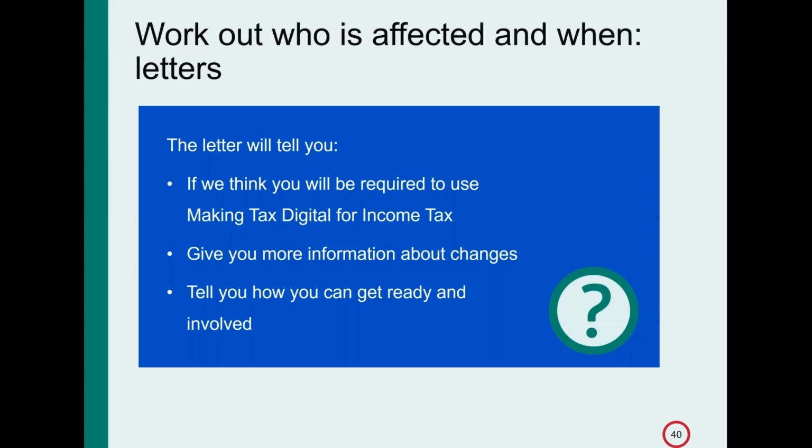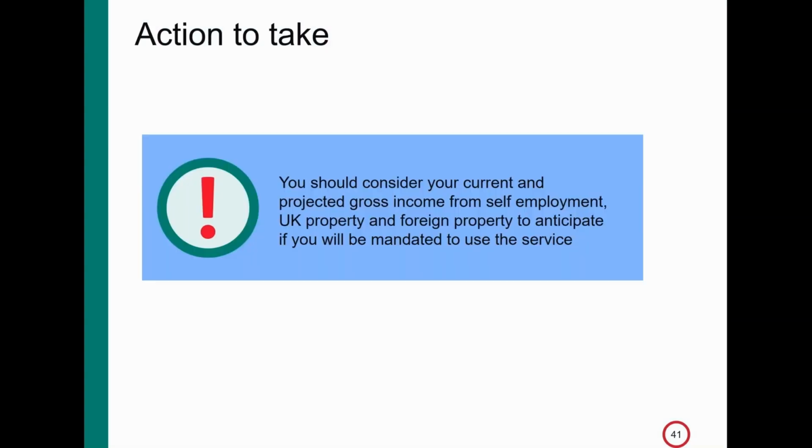With preparations you will have to make to begin using the Making Tax Digital service, you should consider your current and projected gross income from self-employment, UK property, and foreign property to anticipate if you will be mandated to use Making Tax Digital.